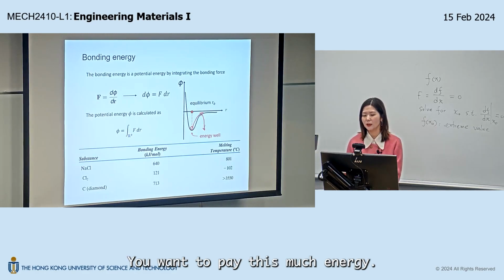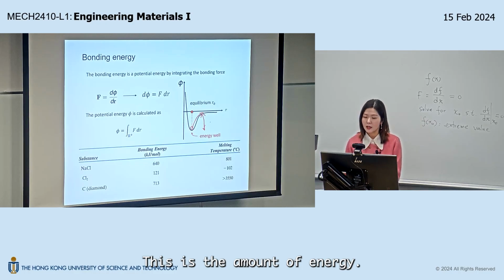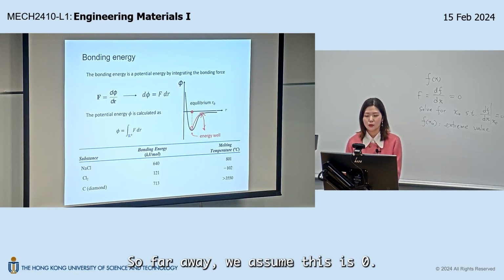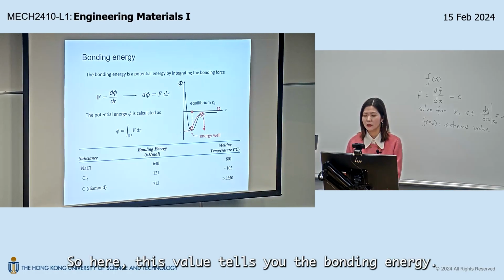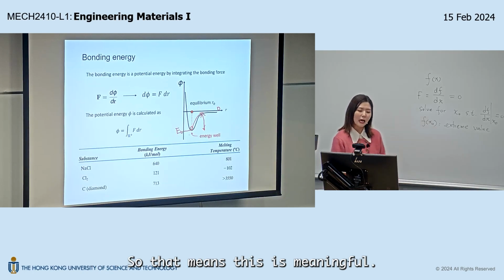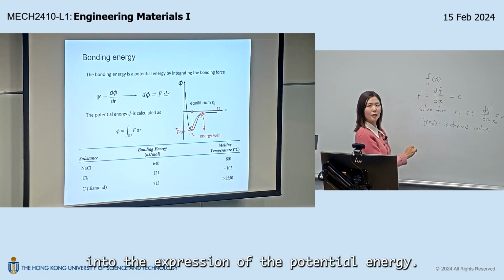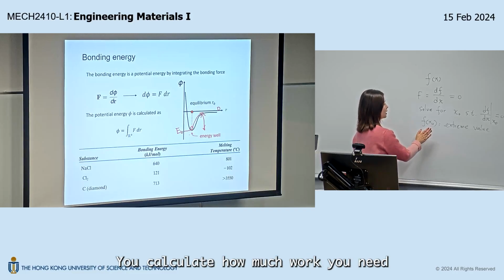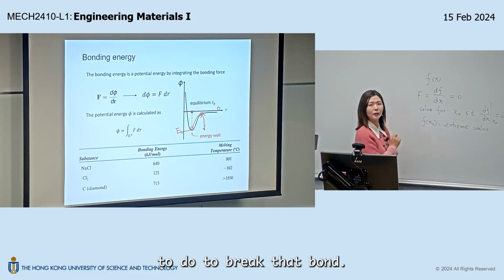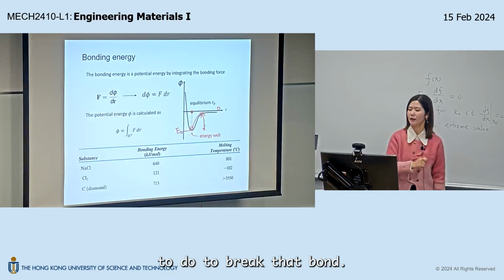You have to pay this much energy, right? This is the amount of energy. So far away, we assume this is 0. So here, this value tells you the bonding energy. So that means this is meaningful, right? If you take this value and substitute it back into the expression of the potential energy, you calculate how much work you need to do to break that bond, right?